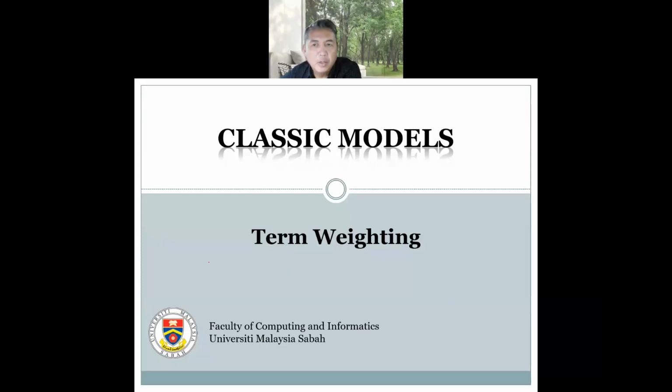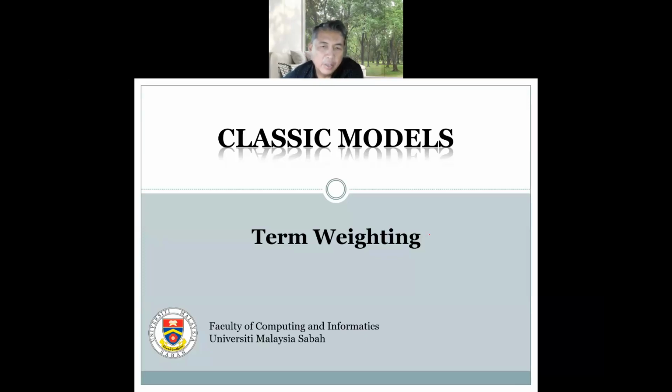Okay, next. Due to the reason that for the Boolean model we cannot perform ranking, they have introduced a new model that considers term weighting. But before that, we will look into term weighting.